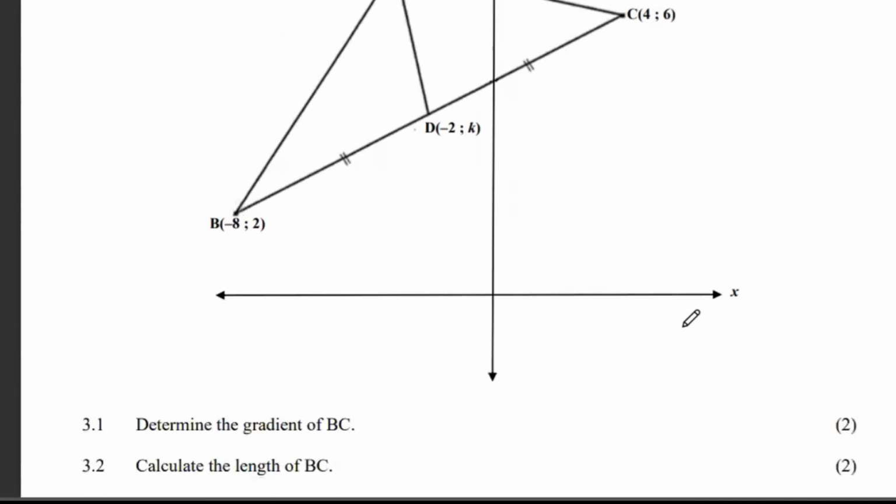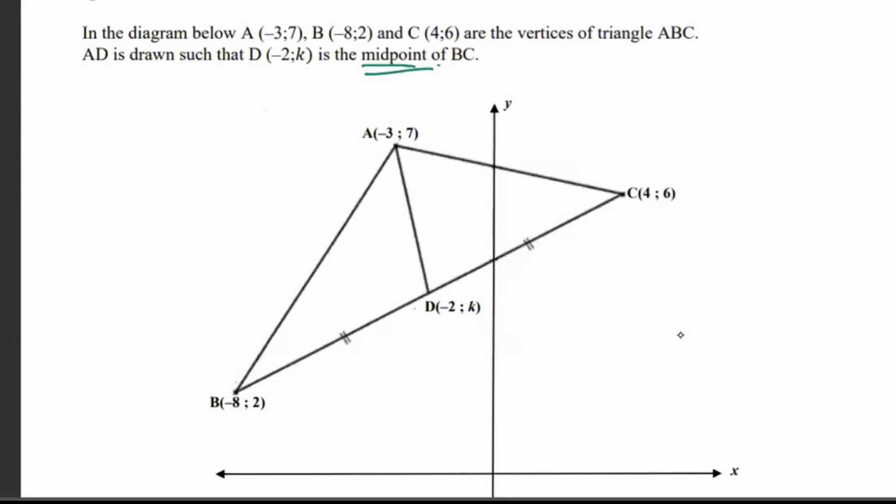Then 3.1, they want the gradient of BC. So I think I can write it here. So we know that gradient can be obtained by getting the change in Y over the change in X, okay? Which means we have Y2 minus Y1 over X2 minus X1.